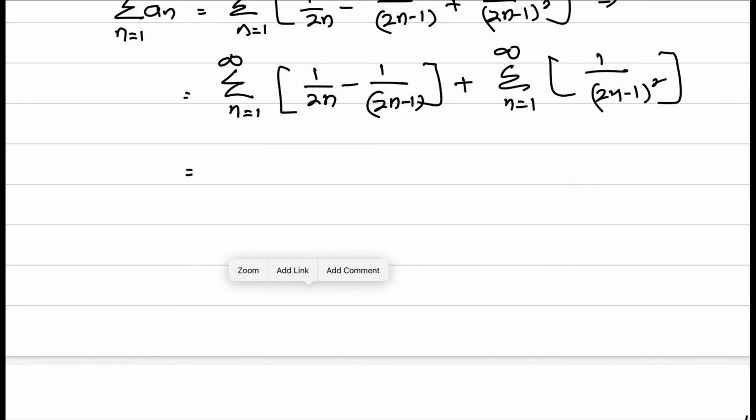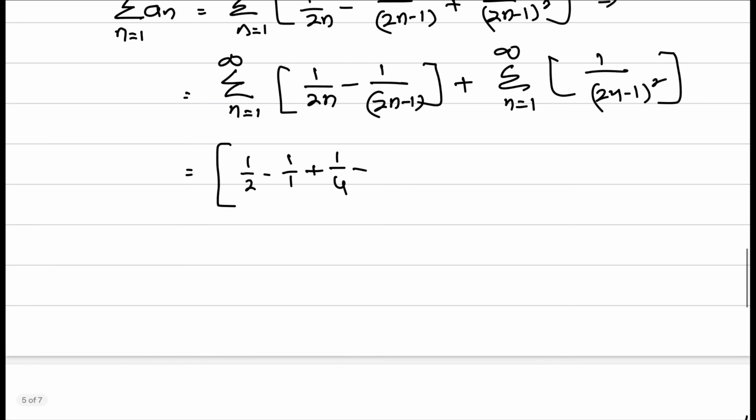When you write it in an expanded way, this will be 1 by 2 minus 1 by 1 plus 1 by 4 minus 1 by 3 plus 1 by 6 minus 1 by 5 plus, and it goes on. This value.